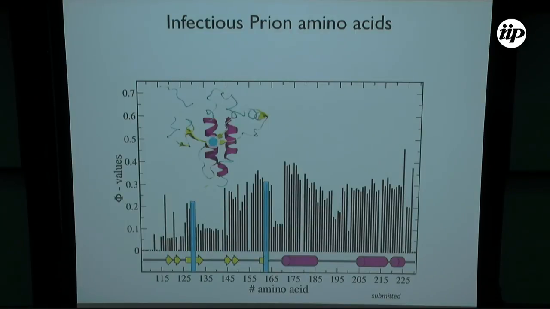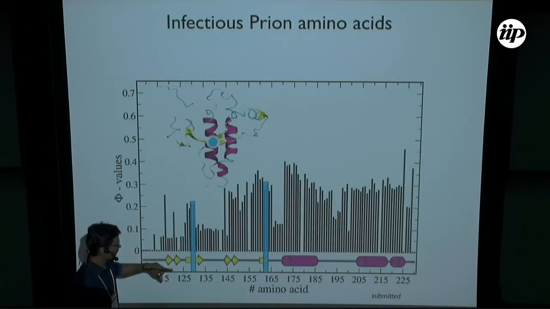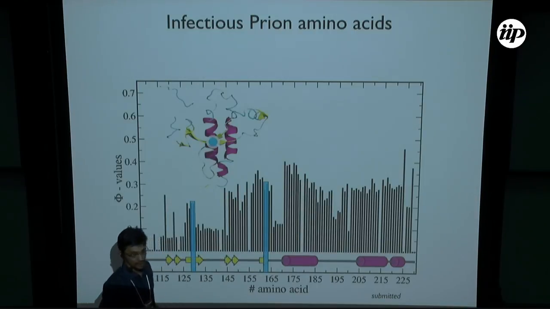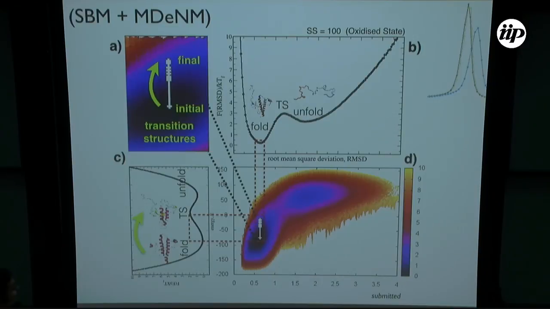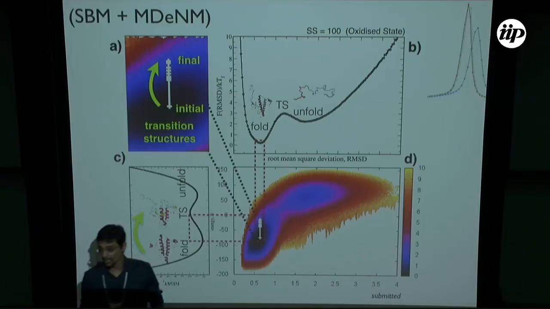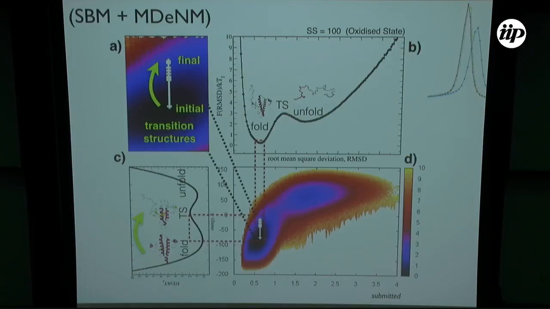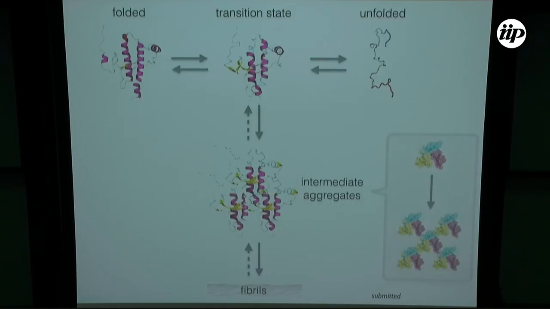We've been looking in the literature to see if we can find them, but we couldn't. What we saw is that these are the amino acids that turn into the infectious state, and you can see that they have lower phi values, which is consistent with this result, saying that those amino acids are not native-like amino acids.